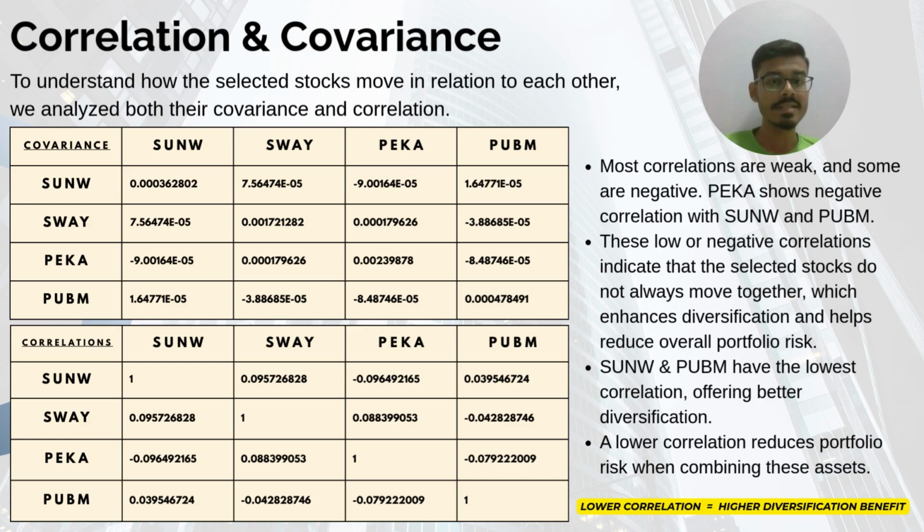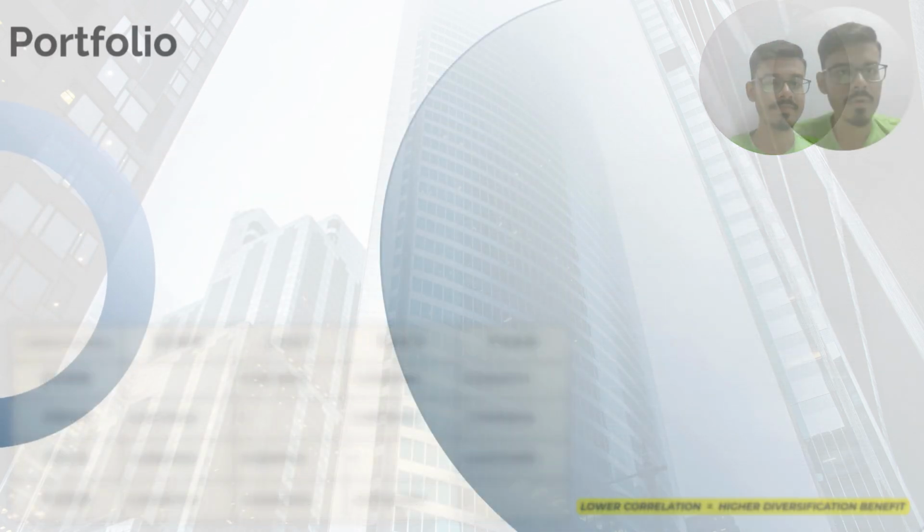A positive covariance means the assets move in the same direction, and negative means they move in opposite directions. In the correlation table, Sunway and PUBM have the lowest correlation, which offers better diversification. The lower or more negative the correlation, the better the diversification benefit. So this combination will significantly reduce our overall portfolio risk.